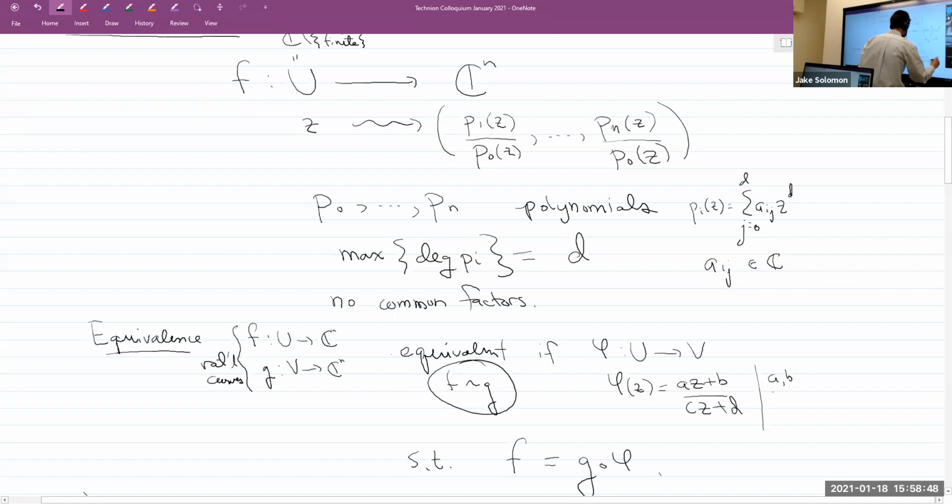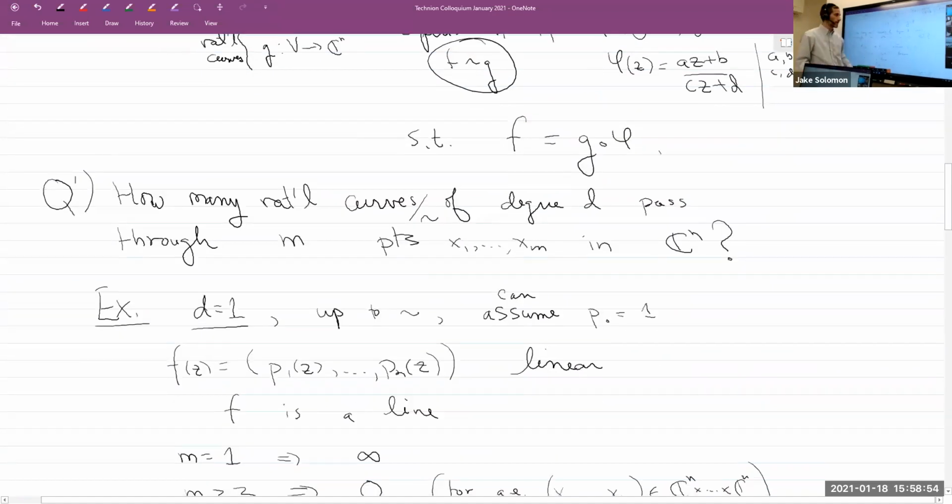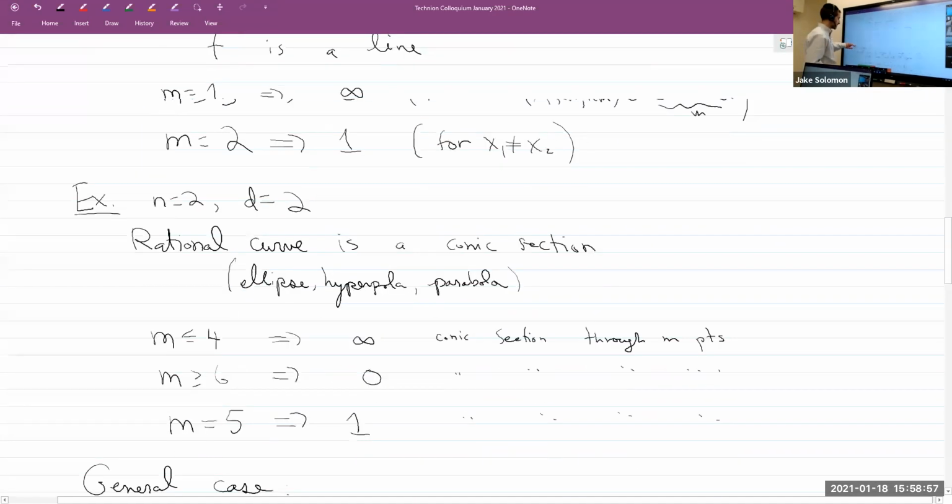A, B, C, and D were complex numbers. C was all over the place, but you can now just replace C everywhere with R and try to ask the same question.